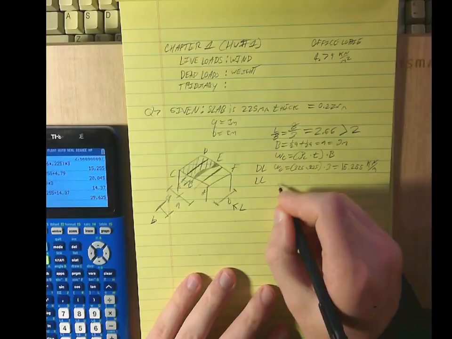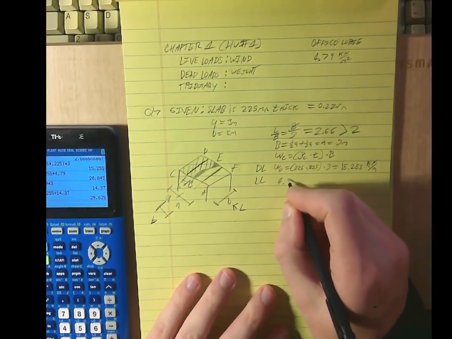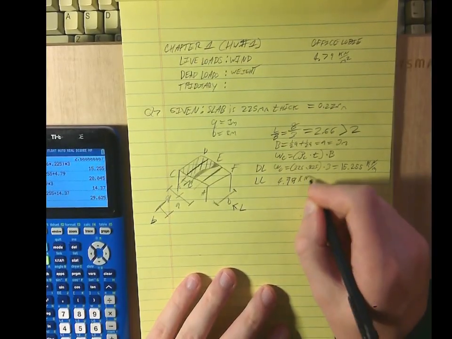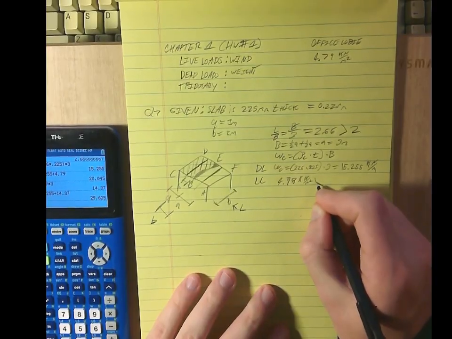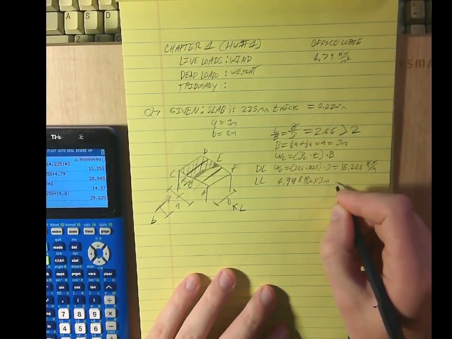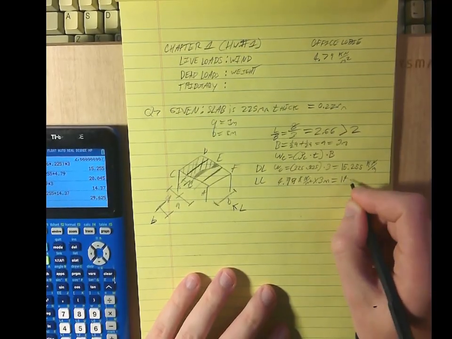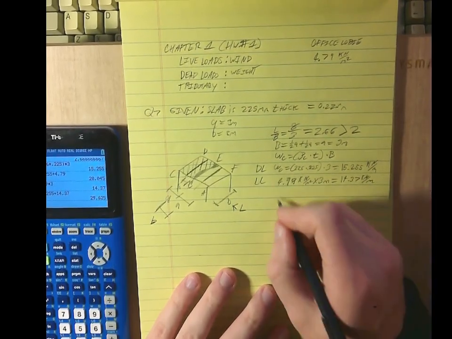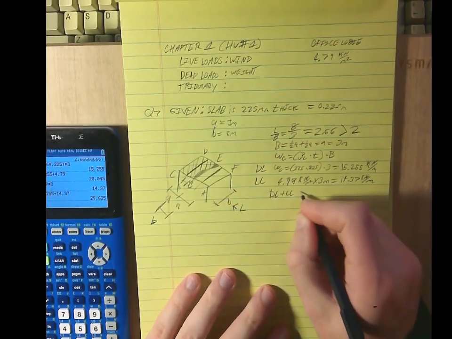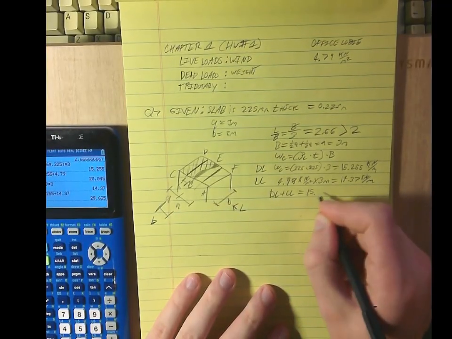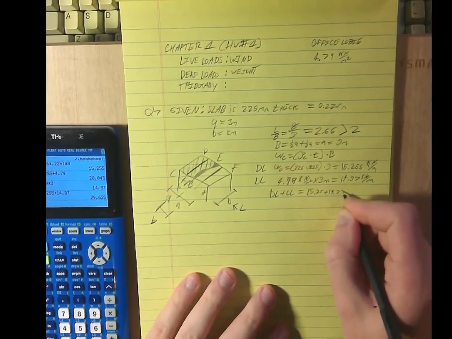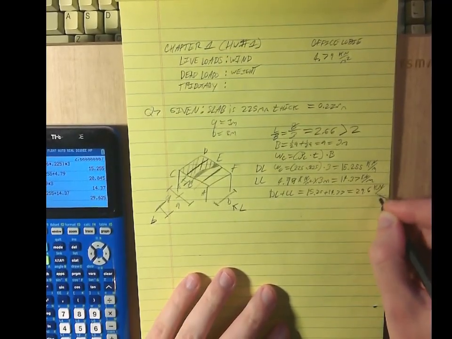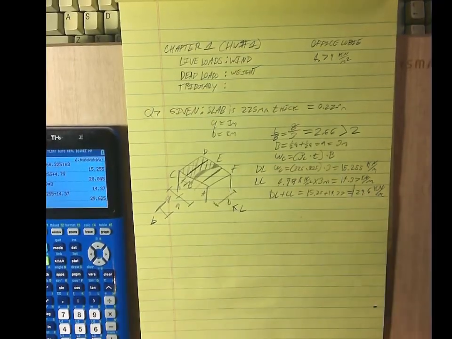Our live load is 4.79 kilonewtons per meter squared times 3 meters, which equals 14.37 kilonewtons per meter. Then dead load plus live load is 15.25 plus 14.37 equals 29.6 kilonewtons per meter. There we go.